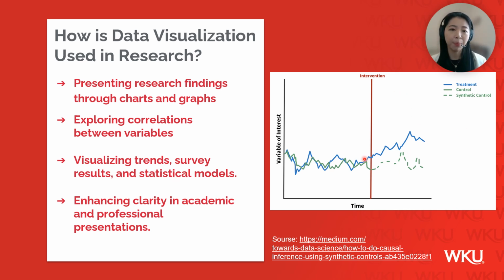In this example, you can see a very common visualization used in research, the treatment and control group comparison. The blue line shows the group that received treatment or intervention, and the green line shows the group that didn't. After the red line, after the intervention, you can clearly see the difference between the groups.